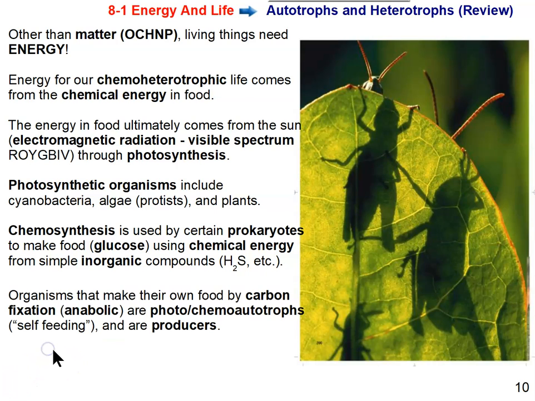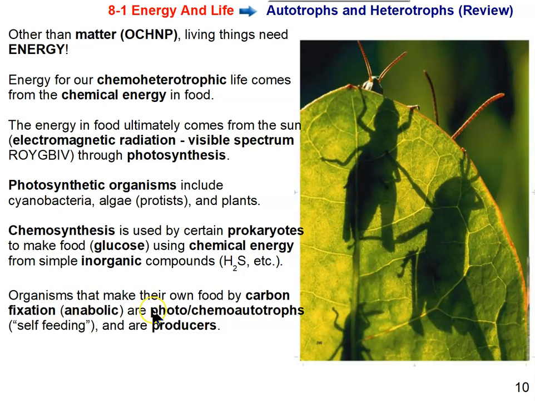These organisms that make their own food do it by carbon fixation, which is an anabolic process, if you'll recall. Anabolic referring to that half of metabolism that builds things. And so inorganic carbon in the form of carbon dioxide is taken from the air or from the surrounding environment, if it's an aquatic environment, so the air or the water, and that's incorporated into glucose.